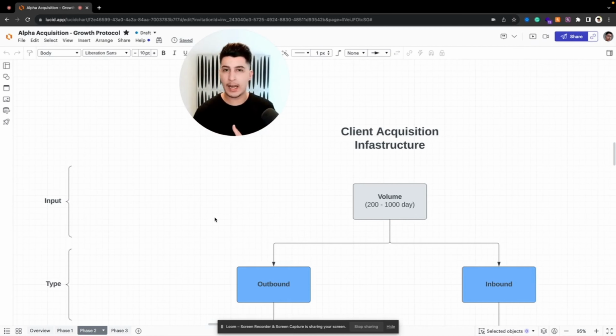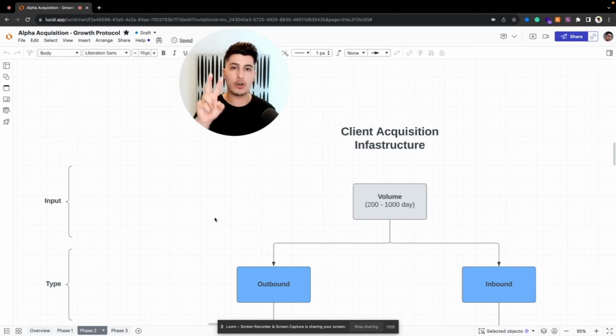And for every single member, every single client that joins the Alpha Acquisition Program, which is our flagship program, we always indicate a minimum of 200 to 1,000 touch points per day. Now, let's break down what touch points mean. Touch points are attention events.